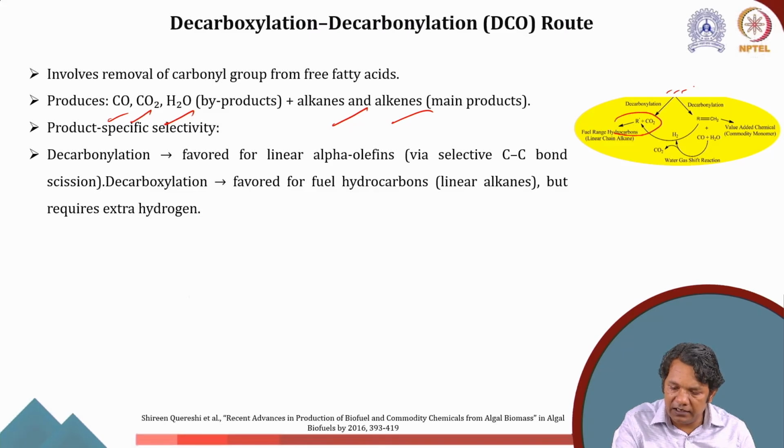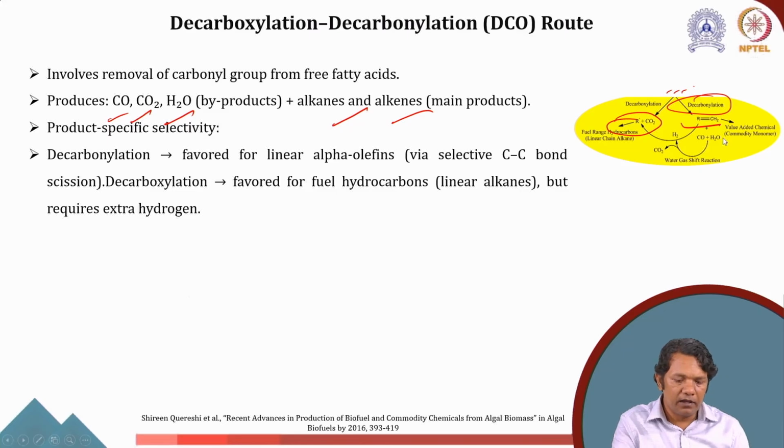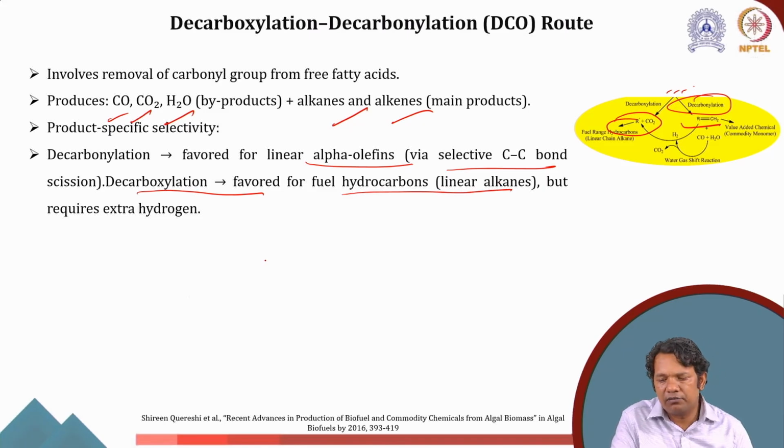If we talk about the product specific selectivity, as I said, in the decarboxylation, we have directly linear chain alkane, while in decarbonylation, we have alkene. So here, decarbonylation is favored for the linear alpha olefins via selective CC bond scission, while the decarboxylation is favored for fuel hydrocarbons, linear alkanes, but then requires extra hydrogen for that.